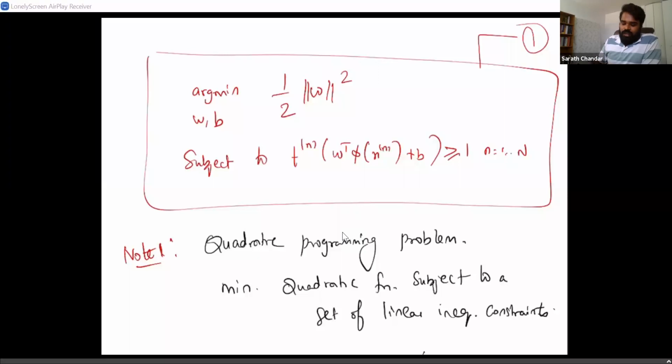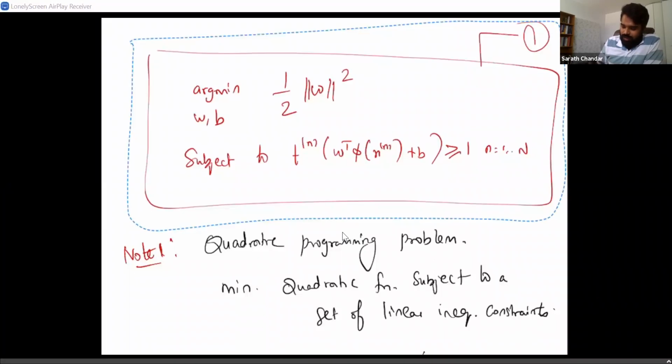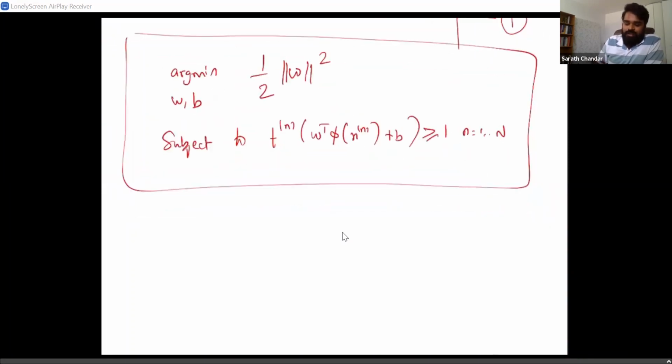Now this is a constrained optimization. If you remember how we used constrained optimization in L2 or L1 regularization, we could take a Lagrangian formulation so that we can compute gradients. So I'm going to copy this and we are going to do a Lagrangian formulation for it.